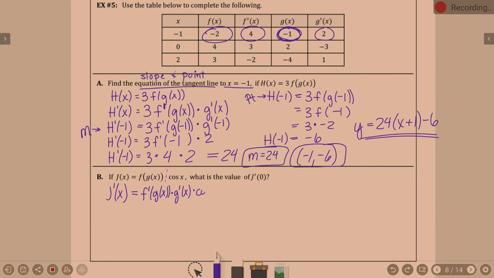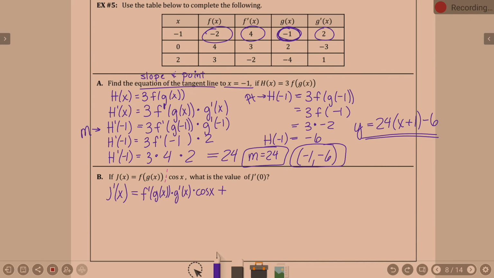Okay, first half, I'm pausing. Derivative of f of g of x is the derivative of the outside, f prime of g of x, times derivative of the inside, g prime of x, keeping cosine x, so times cosine x, plus.